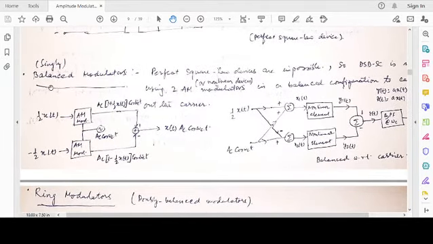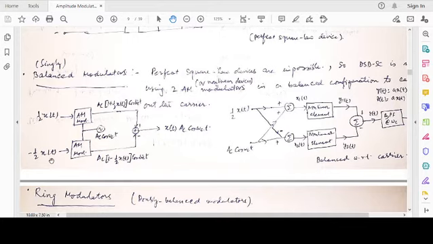One is where the signal xt is divided into half xt and minus half xt. Such a device creates a differential output from a regular input with respect to ground.